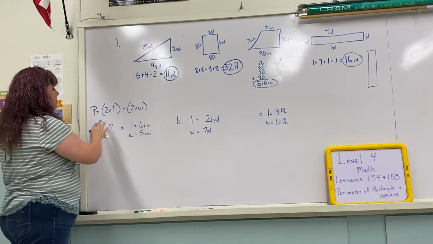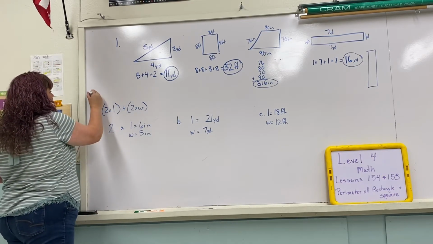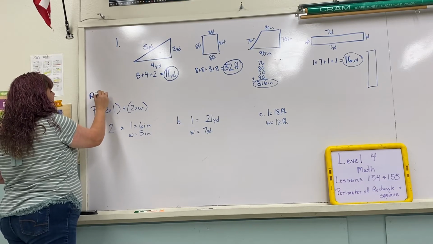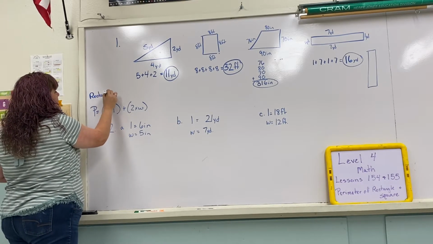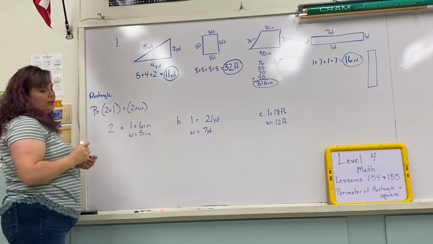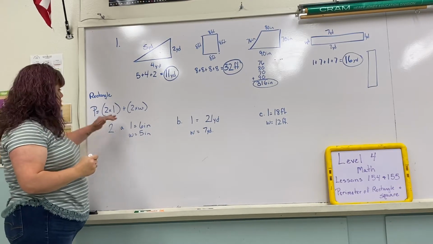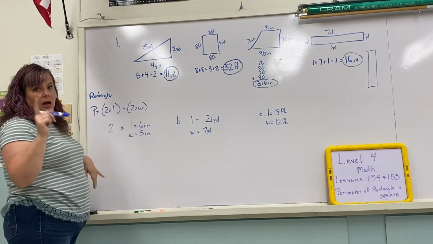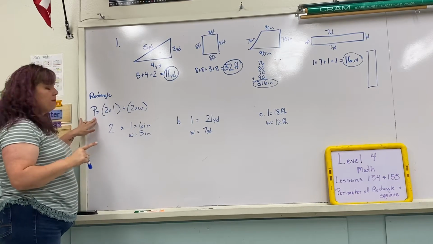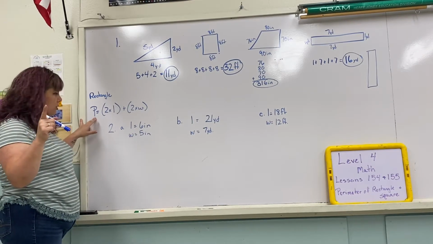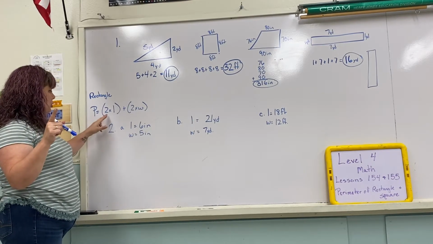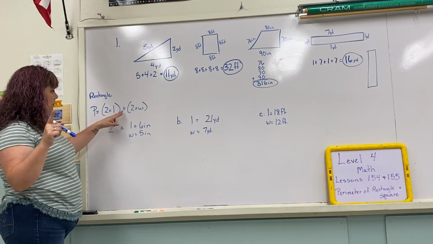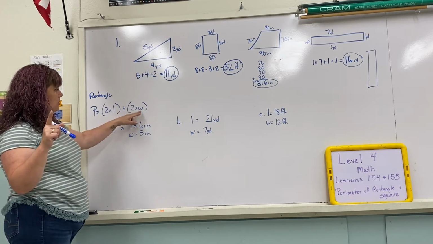This is our formula if you're dealing with a rectangle. If it says find the perimeter of a rectangle, you can always use this formula. The formula is P, which stands for perimeter. Perimeter equals 2 times the length plus 2 times the width.